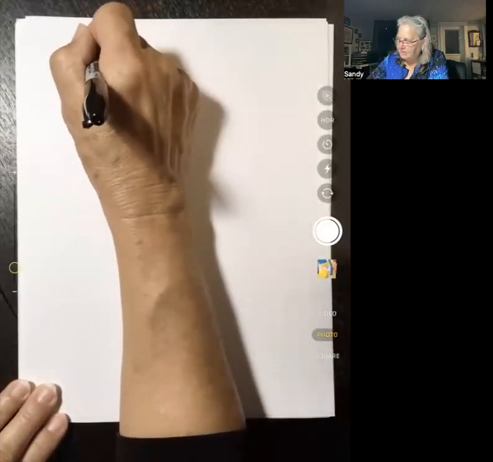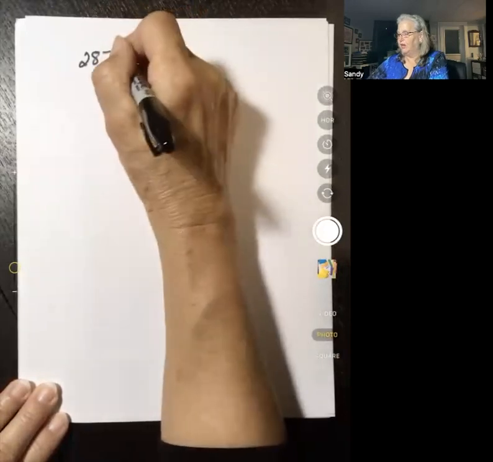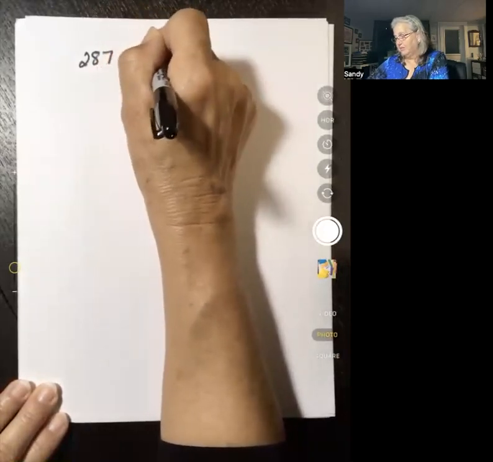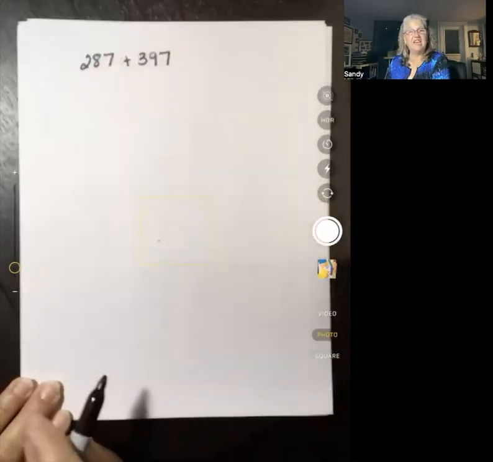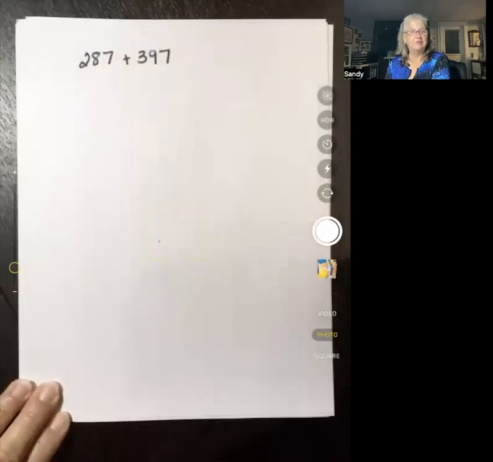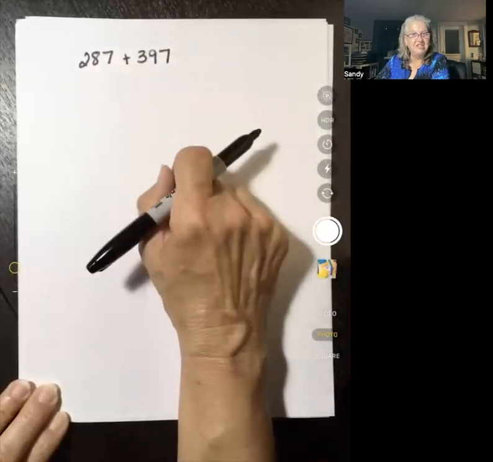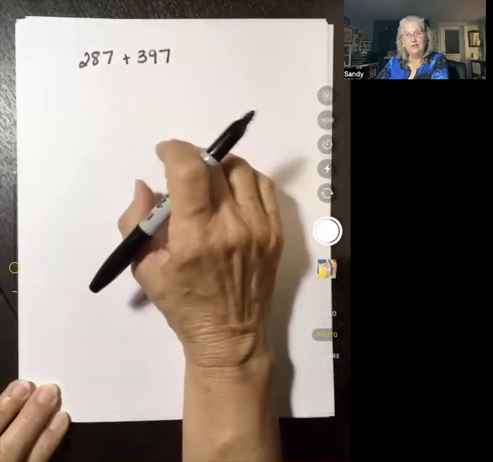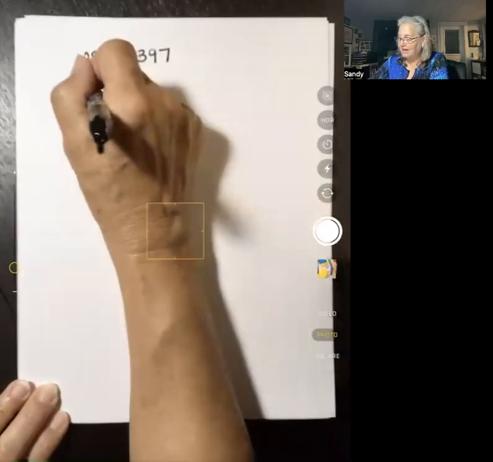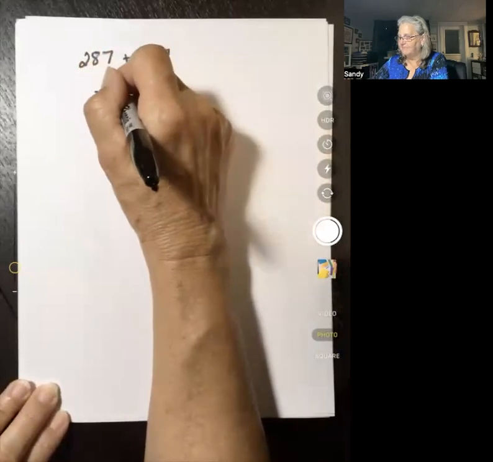So the associative property will work for whole number problems, and your child begins to use this actually in grade 1. They're introduced to it with just single digit numbers, and then it builds up until they're getting into grade 3, doing it with multi-digit, grade 4, 2, 3, 4. But see, think about how I can think of 287 plus 397.